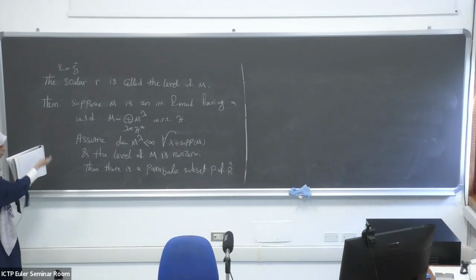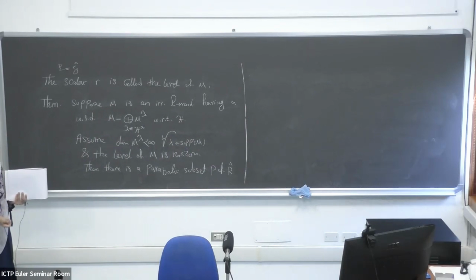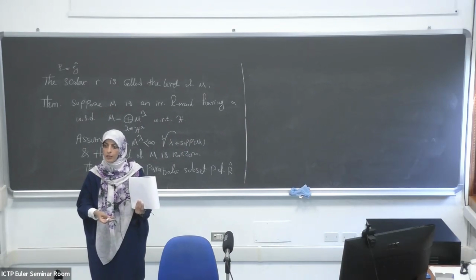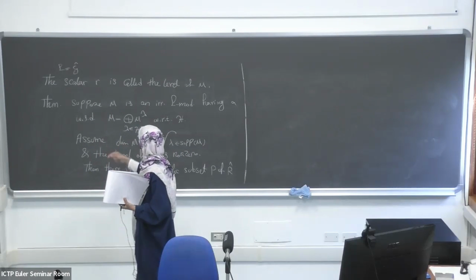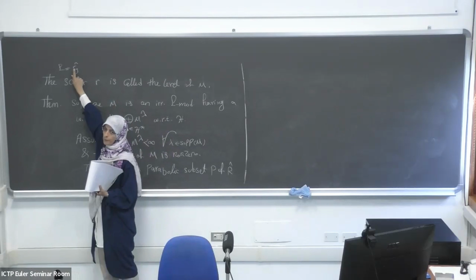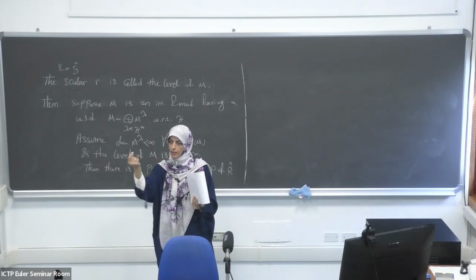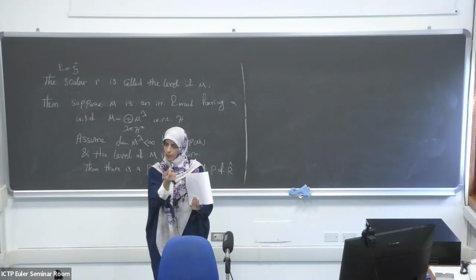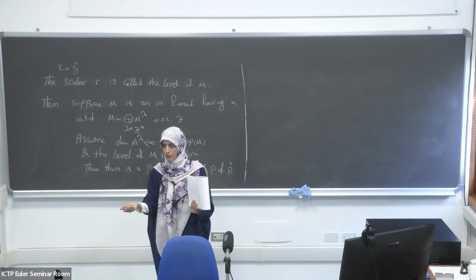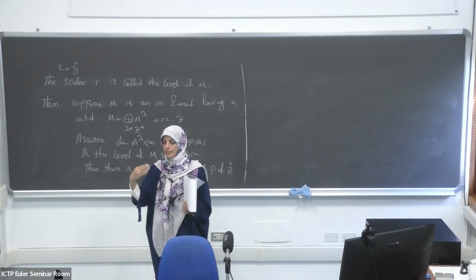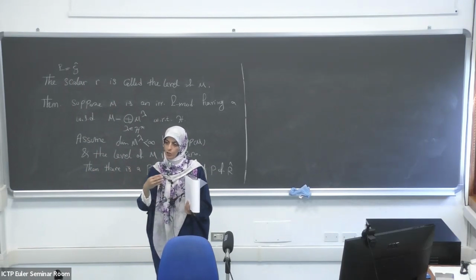Because I told you we start with a basic classical simple Lie superalgebra, and finite dimensional simple Lie algebras by themselves are basic classical Lie superalgebras.